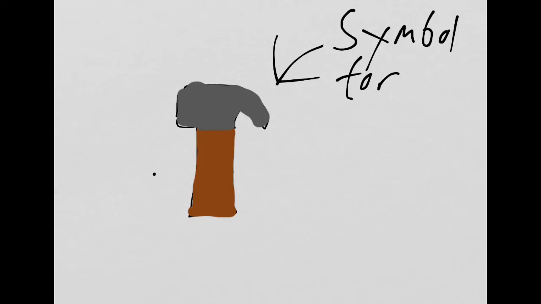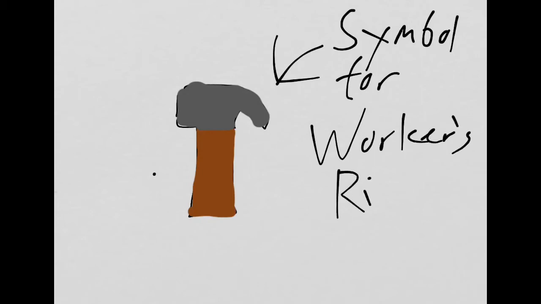Another effect of the 100 Years' War was the renewed importance of workers' rights. This is symbolized by the hammer on the left. Before the war, people would work long, hard, and overall low-paying jobs. Over the course of war, these rights would change tremendously.